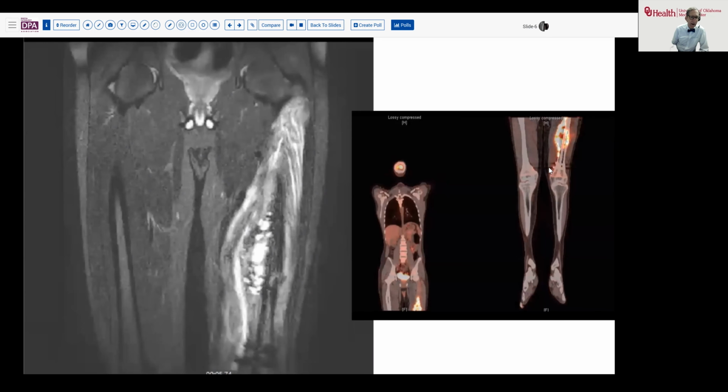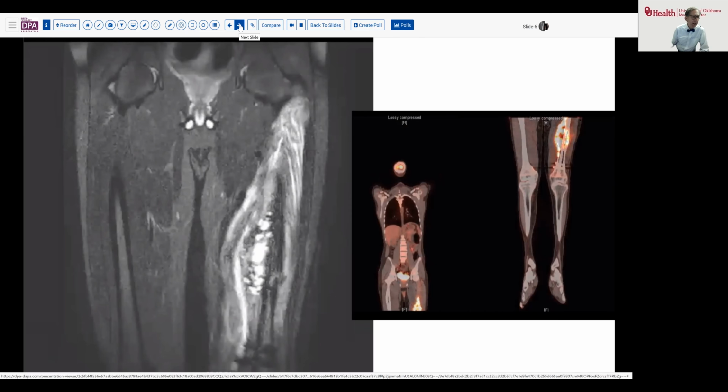and we can see here on the MRI scan and on the PET scan that there's a lot of edema fluid around this lesion, a lot of inflammatory and metabolic activity going on here that would indicate that the lesion is fairly extensive.